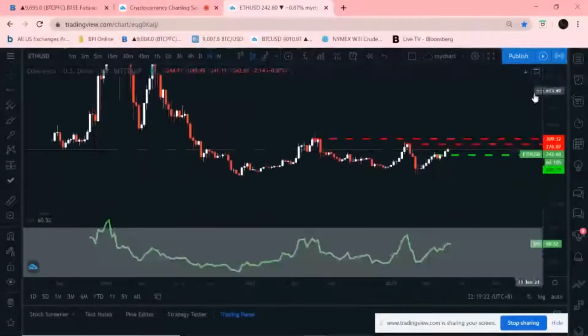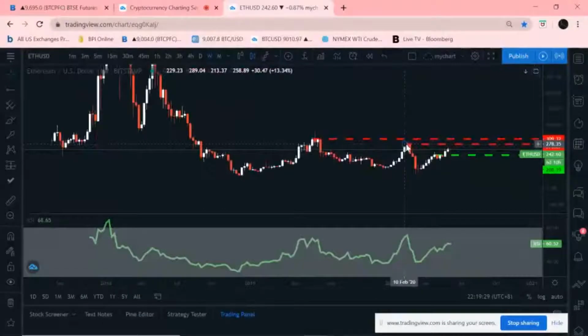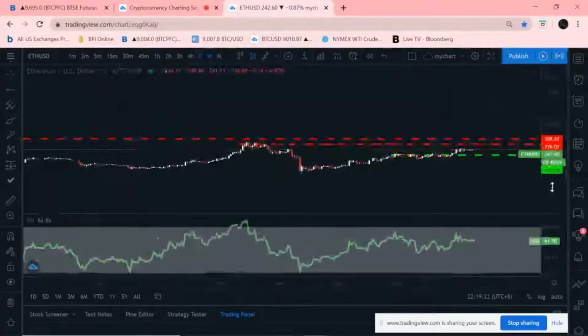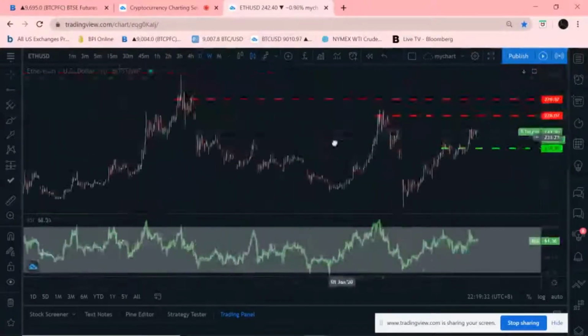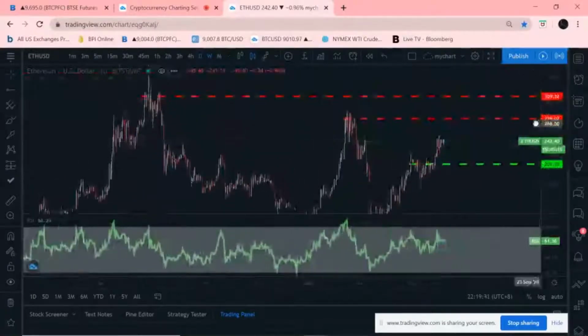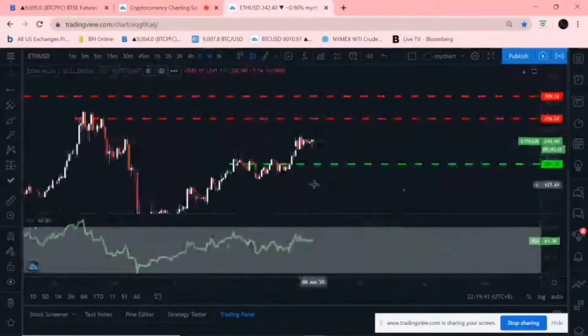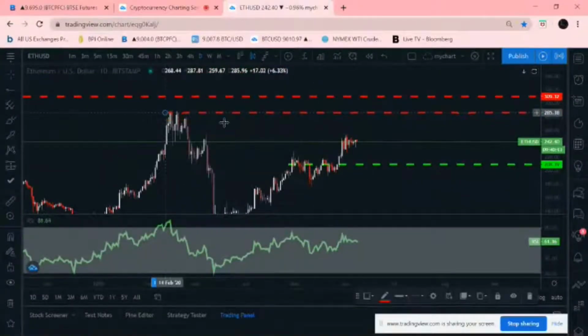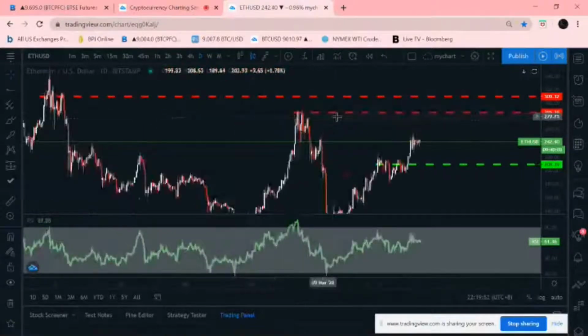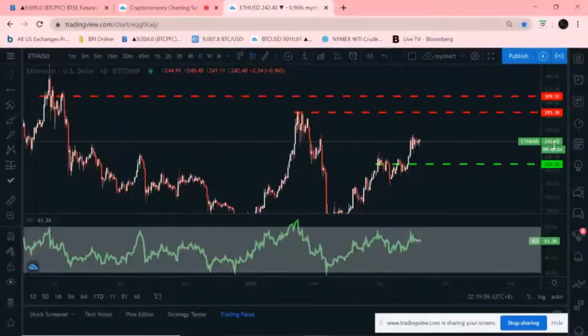Let's look at the RSI. It's actually a convergence. So on a daily chart, I think it's still the same targets. We'll just adjust it a bit. So on a daily chart, our possible next resistance is around 285.